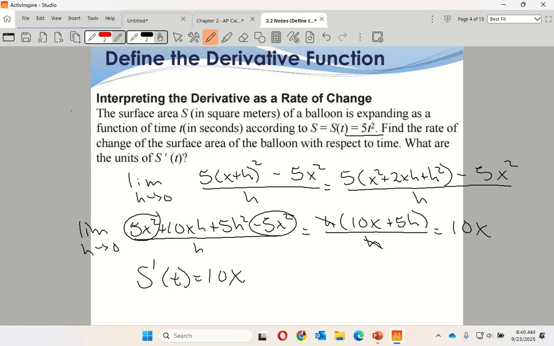Now, the next part says find the rate of change of surface area with respect to time. What are the units of this? Square meters over seconds? Yeah. So it's actually going to be square meters per second.